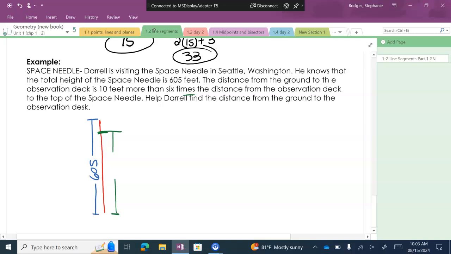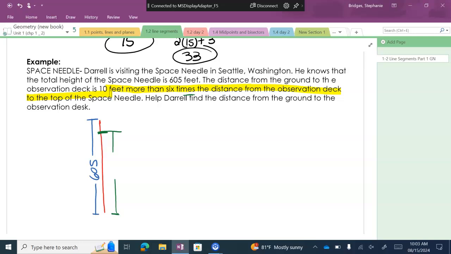is, we've got to read this a couple of times: 10 feet more than 6 times the distance from the observation deck to the top. Okay, so let's read that again.